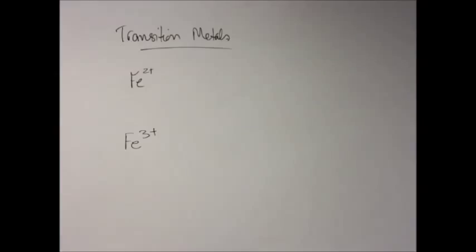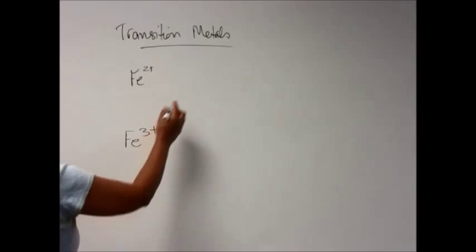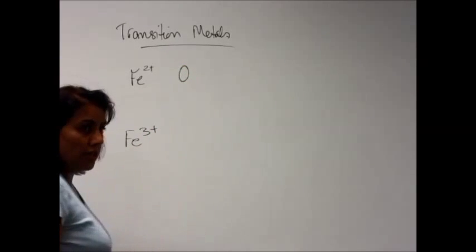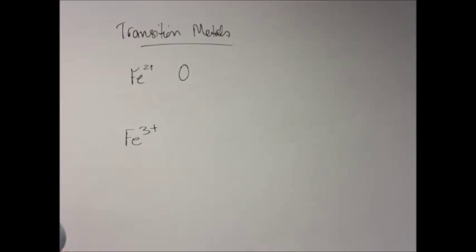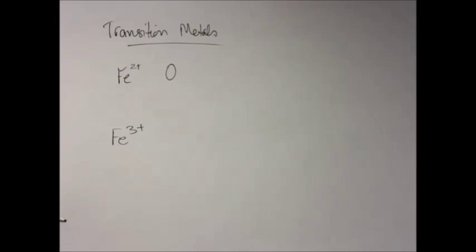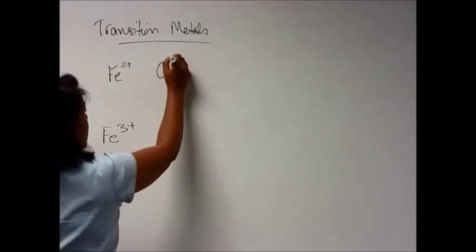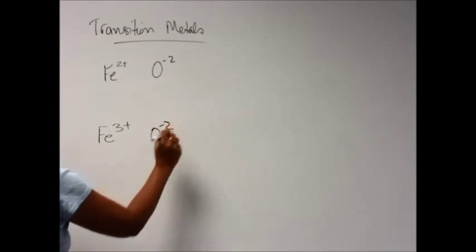There are two ions possible, which means that iron can give either 2 electrons or 3 electrons. If you're trying to combine this with oxygen, which never changes, it's a main group element. Oxygen is -2, always.